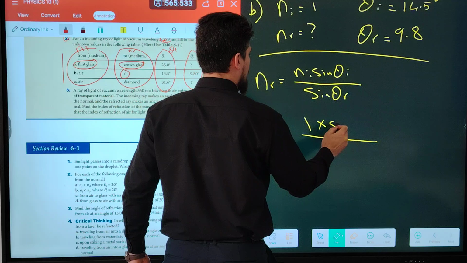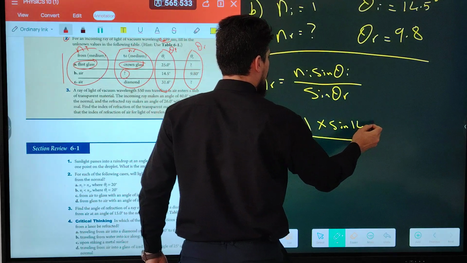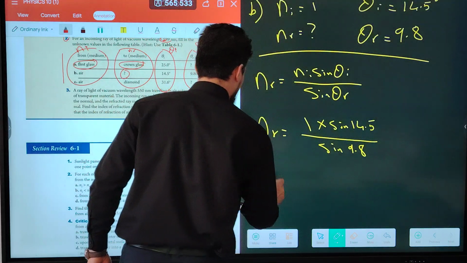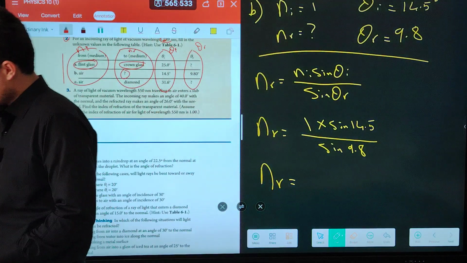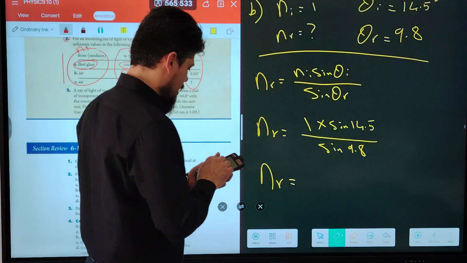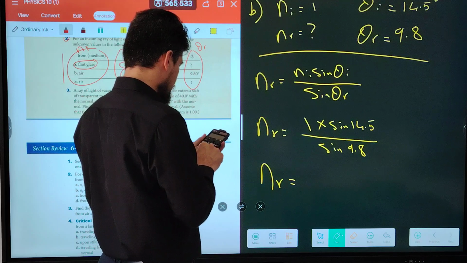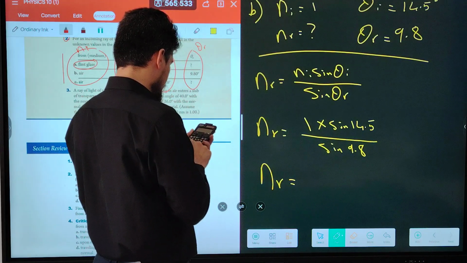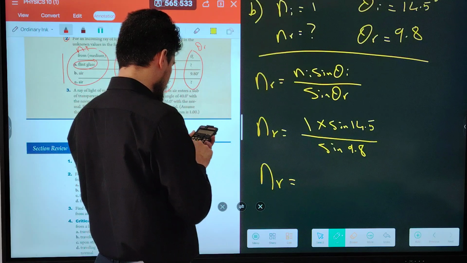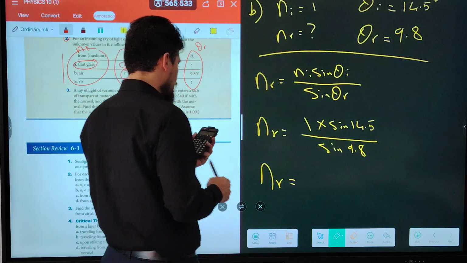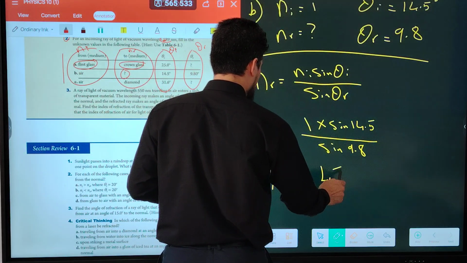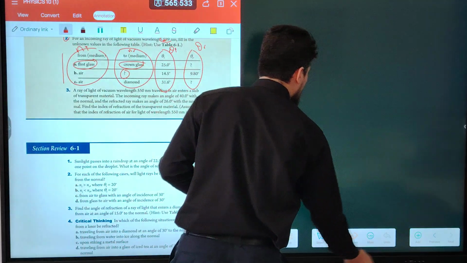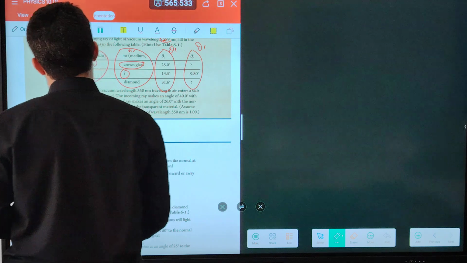Ni is equal to 1, sine 14.5 divided by sine 9.81. Index of refraction for the second medium, now we're going to calculate. I got 1.47, and it is unitless because it's the ratio between two speeds.